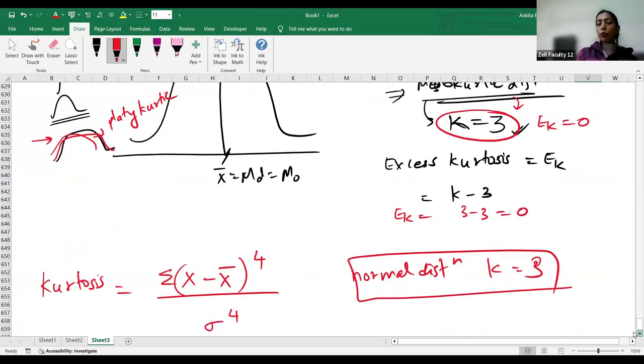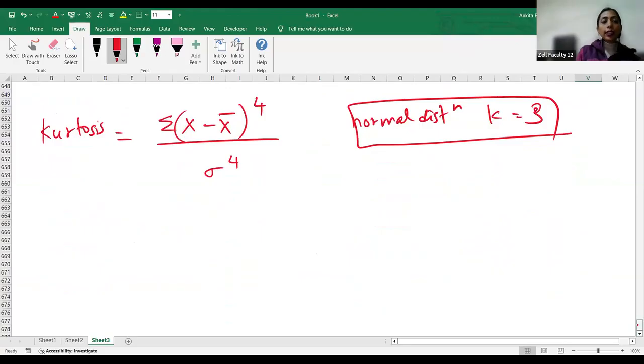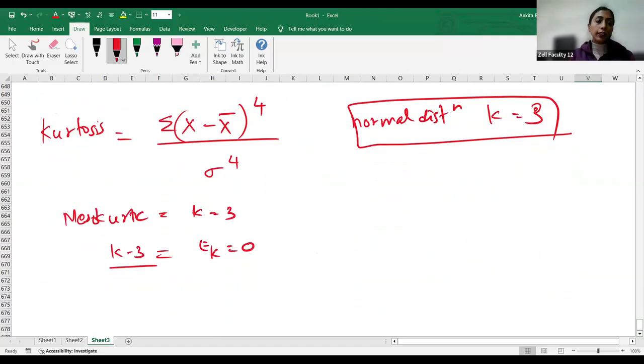Now what you must know from these curves is that for a mesokurtic curve, we said kurtosis is 3 and excess kurtosis is 0 because excess kurtosis is always calculated as k minus 3. This is a generic formula that excess kurtosis is k minus 3.